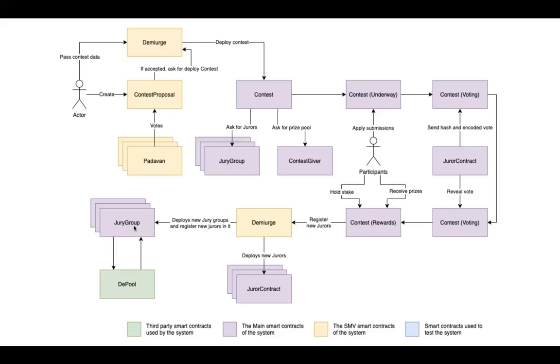We don't have extended logic there, but we have logic with the 90% of the highest stakes being the jurors. But okay, if we have 20 contests with the same tags, there will be the same jurors.